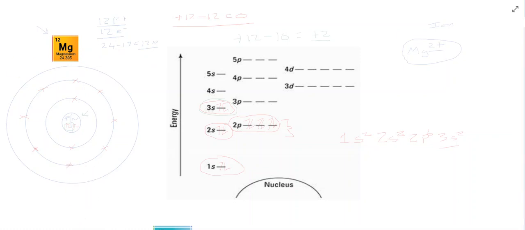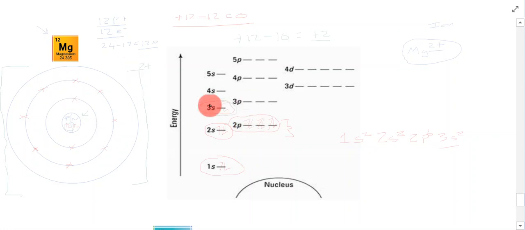What's going to happen then is that the overall charge on this whole atom of magnesium is going to be 2 plus, positively charged. The reason is that you have 12 positive charges in the middle, and you only now have 10 negative charges with the electrons. So it's going to give you a positive ion.